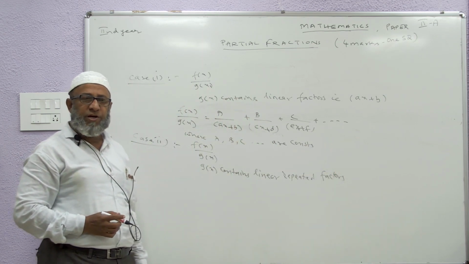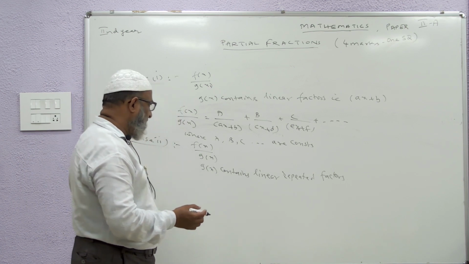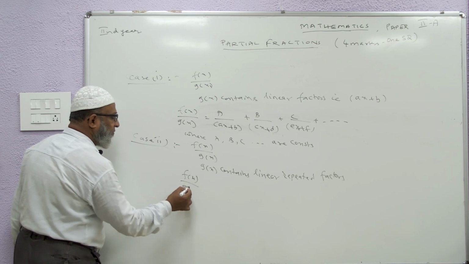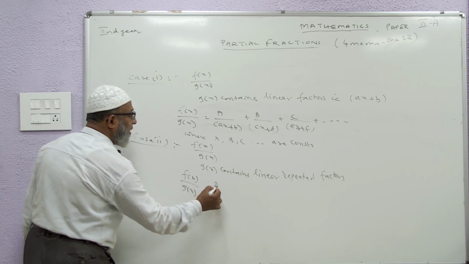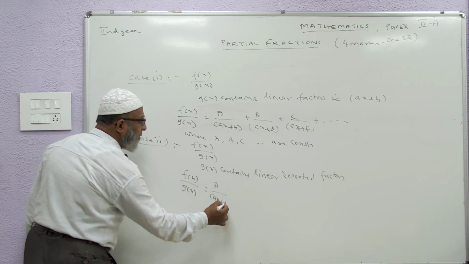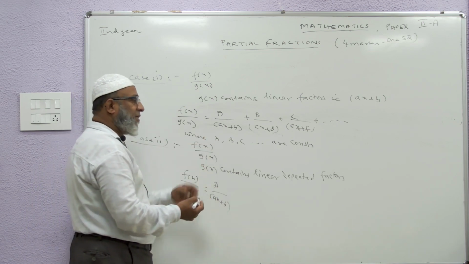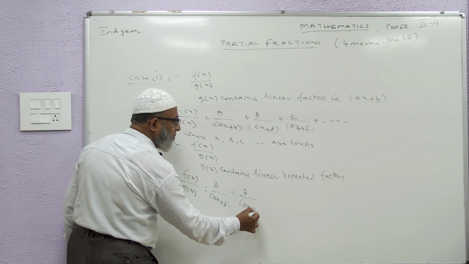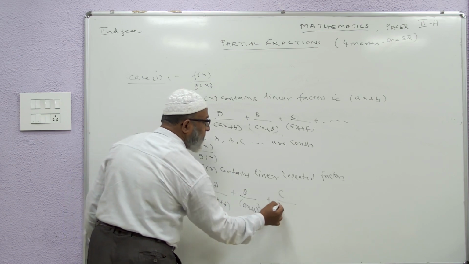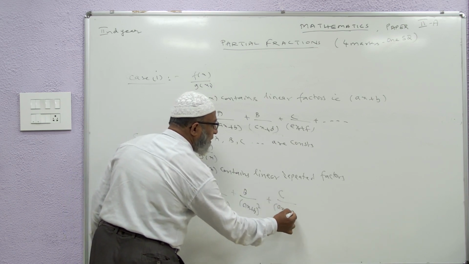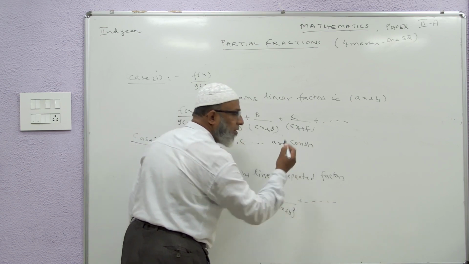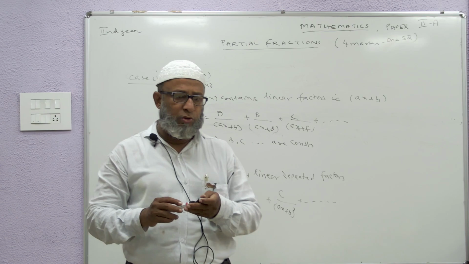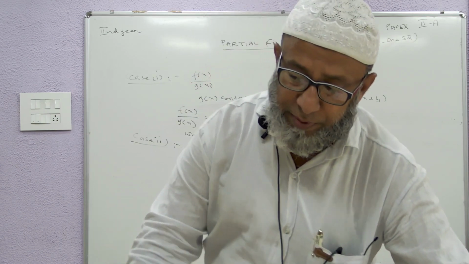Then in this case, the substitution will be f of x by g of x equal to, for example if it is repeated thrice, A by ax plus b, the second time B by ax plus b whole square, the third time C by ax plus b whole cube, and so on, where again A, B, C are constants, and we have to find out the values of A, B, C.